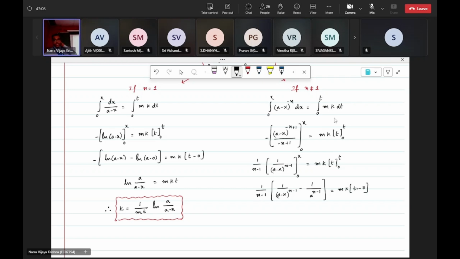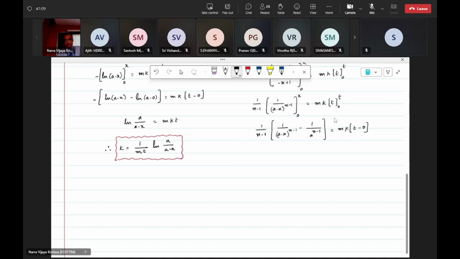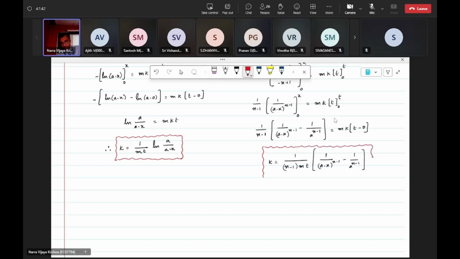Now what is k equal to? Bring this m and t to this side. Therefore k equals 1 upon n minus 1 into m into t, into 1 upon a minus x power n minus 1 minus 1 upon a power n minus 1. This is the rate constant k equation when n is not equal to 1, and that is the k equation when n equals 1.